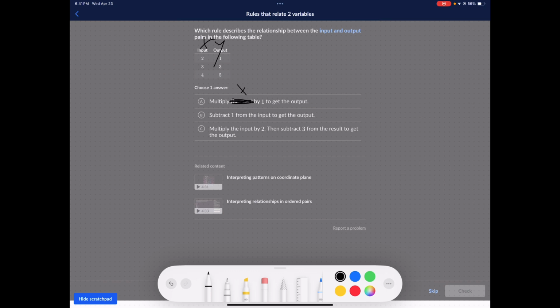And then same thing, subtract 1 from the input, we'll put x to get the output, which is y. And then multiply x by 2. Then subtract 3 from the result to get y. So now, doesn't this just look so simpler by removing those? Oh, I forgot to remove that. So boom. Doesn't that look so much simpler to get our answers here?